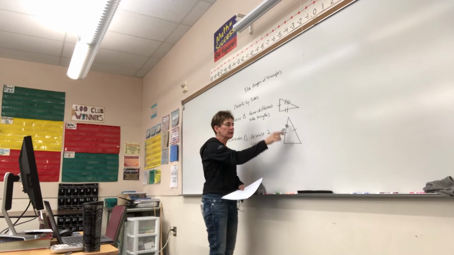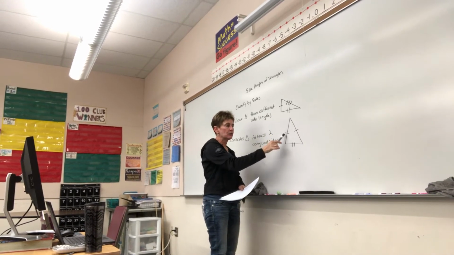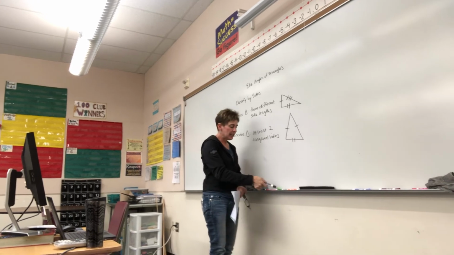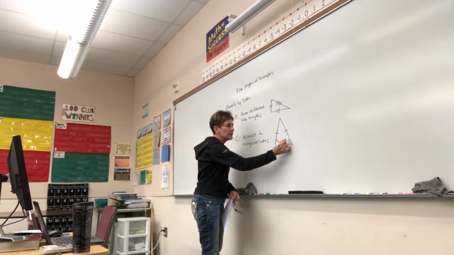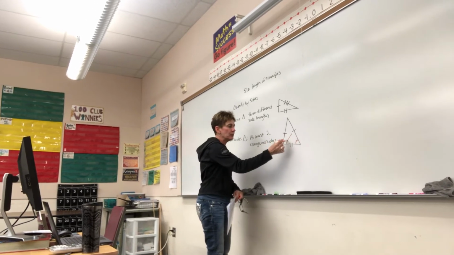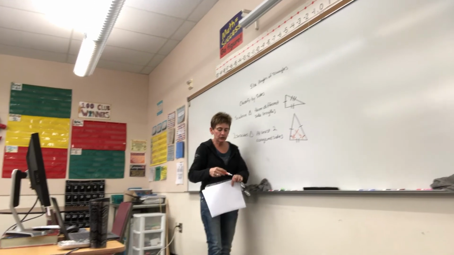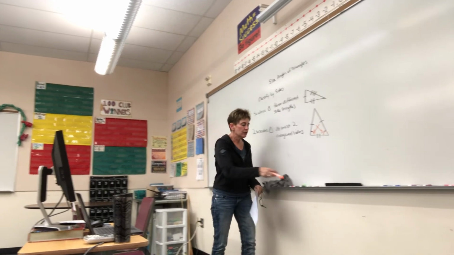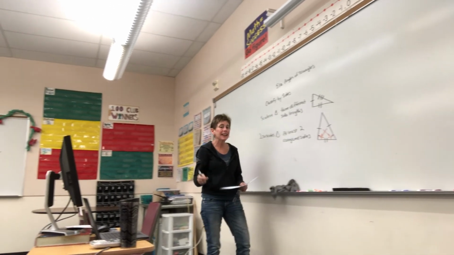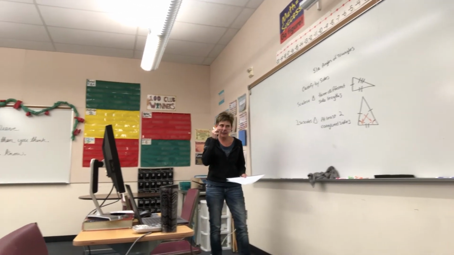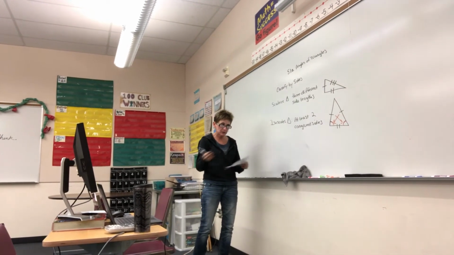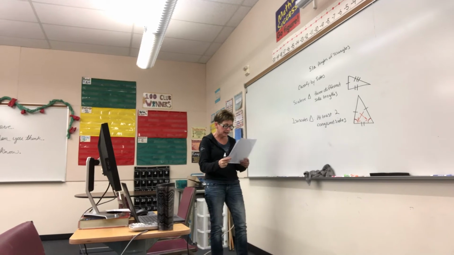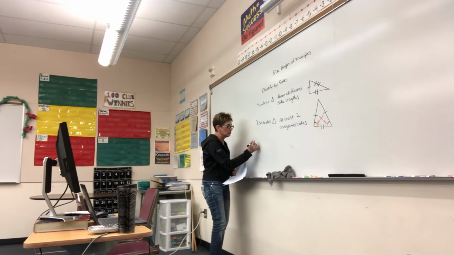And if a triangle is isosceles, which means 2 sides are the same, it will always be the case, and this is a good fact to know, that the 2 base angles across from those sides will also always be the same. So you can tell something about the angles by looking at the sides and vice versa. All right, let's look at an equilateral triangle.